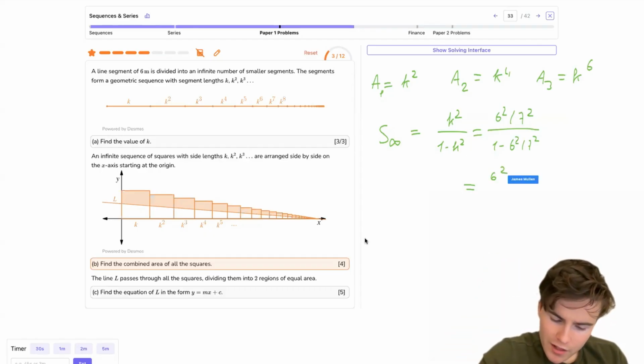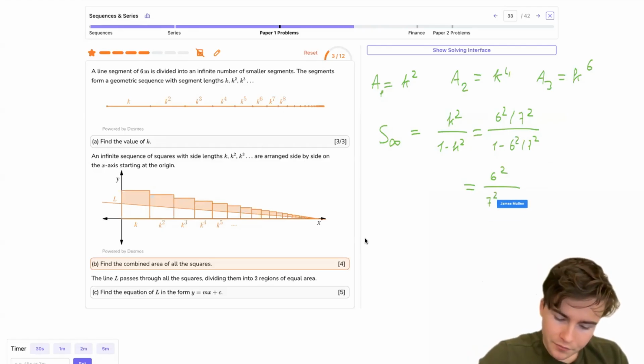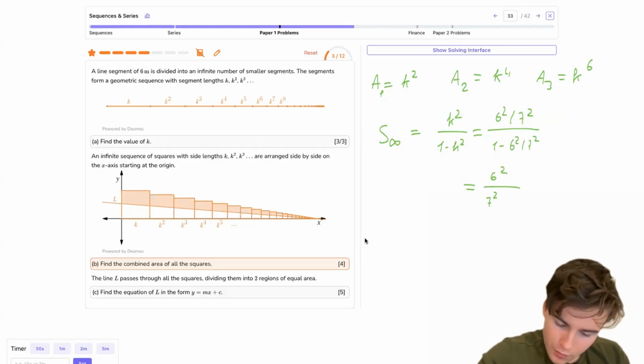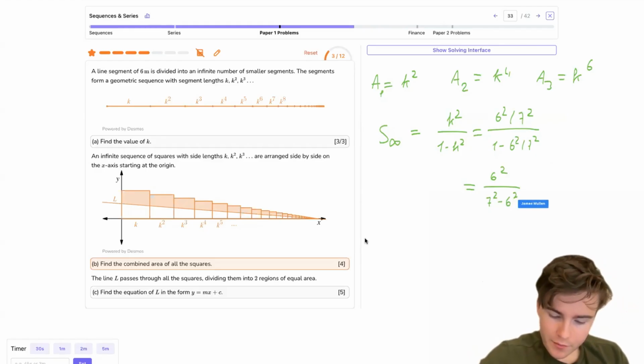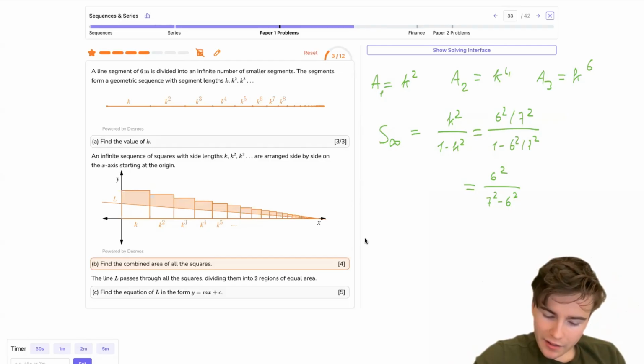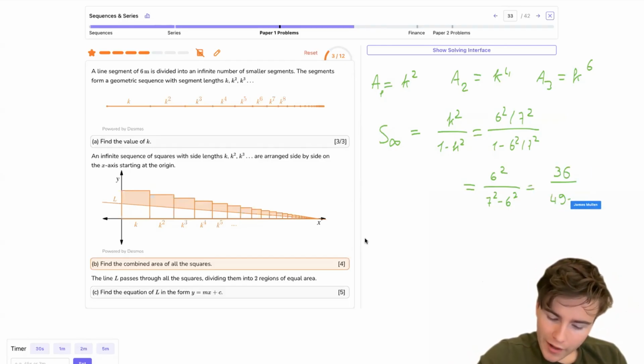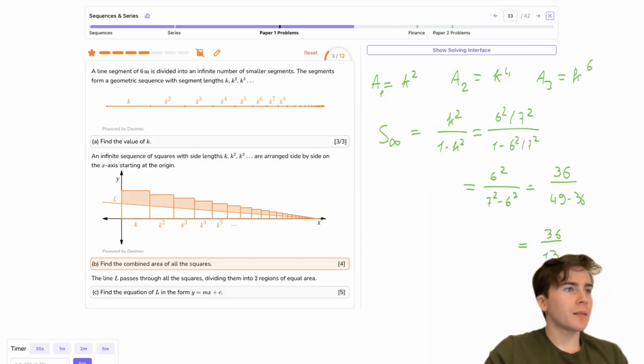I'm going to get 6 squared divided by 7 squared minus 6 squared, all right? And that is going to give me 36 over 49 minus 36, which is 36 over 13, right?